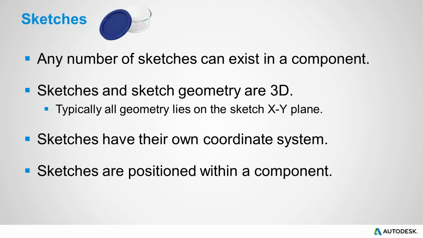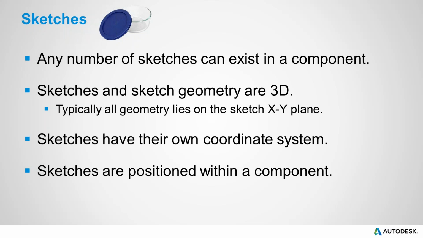So if I create a sketch and then start drawing lines, the XYZ coordinates that I provide for those lines are going to be relative to the sketch coordinate system, not the model coordinate system. And if you create a sketch using one of the base coordinate systems, say the XY base construction plane, then it happens to line up with the model coordinate system in that case.